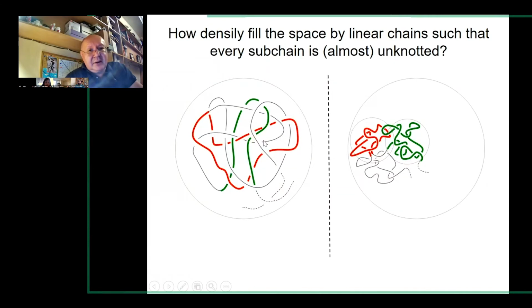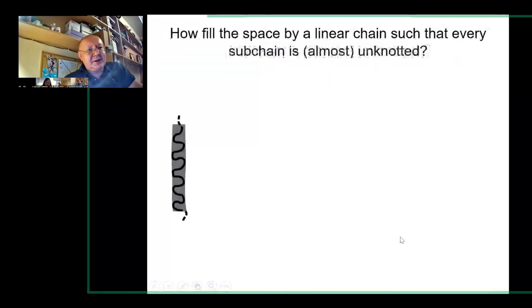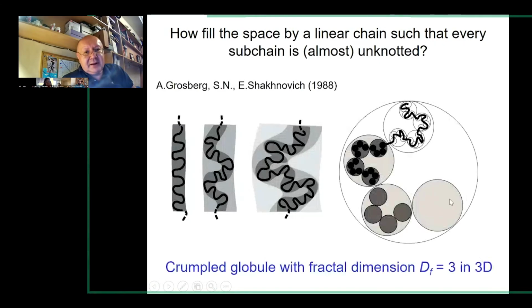Another option is that on all scales the trajectories are compact in themselves, so monomers neighboring along the chain are mostly neighboring in space. They form a hierarchical structure, which can be imagined like this: you have a long chain, and then it makes some folds, then folds of folds, then folds of folds of folds, and finally it has crumples on all possible scales.